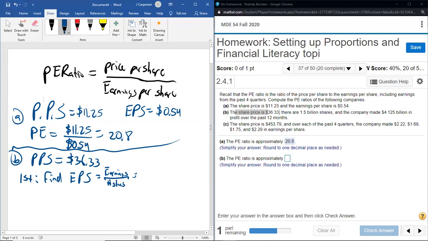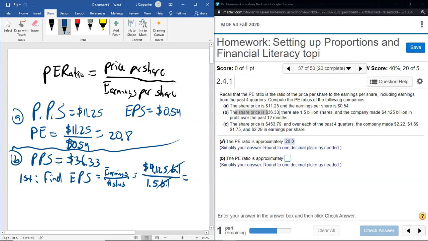That was 4.125 billion. So since both of these things are in billions, we can just leave that with the units there. So 4.125 billion dollars. And then the number of shares was the 1.5 billion. So 1.5 billion shares. So that's the division we're going to do.